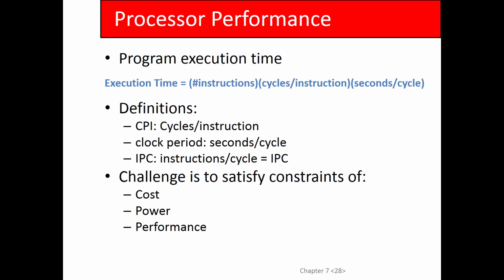And then seconds per cycle: it used to be that we tried to get that number down by increasing the clock rate. But as I mentioned at the very beginning of the semester, we can't really do that anymore, for a variety of reasons. We're kind of locked in at 4 gigahertz. That's 250 picoseconds. Can't realistically go much lower than that.